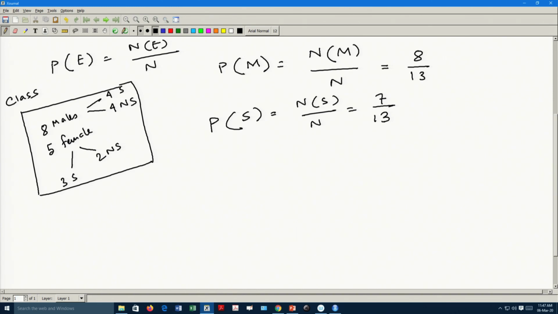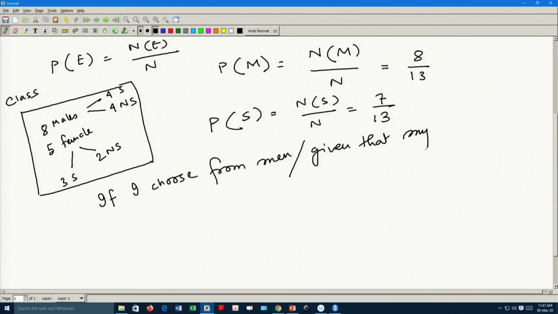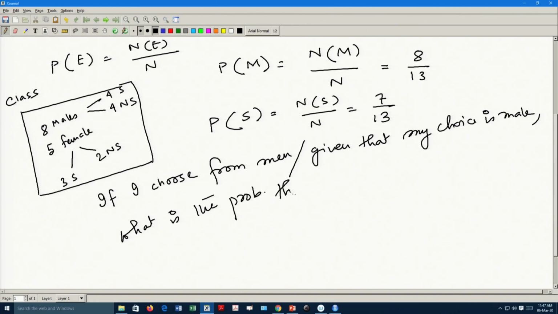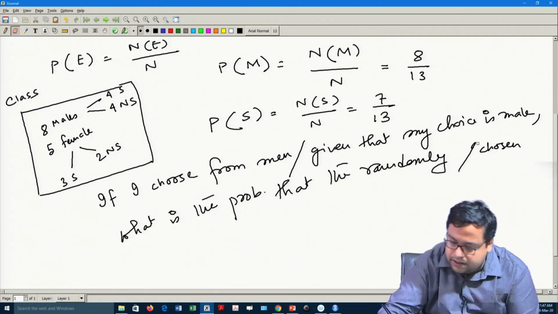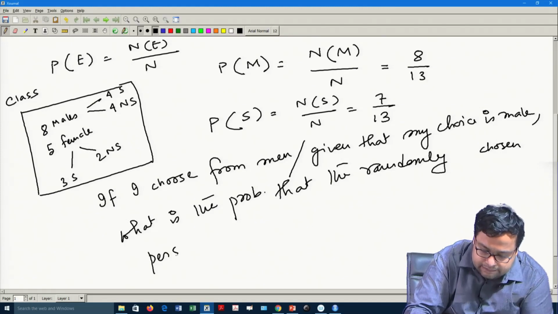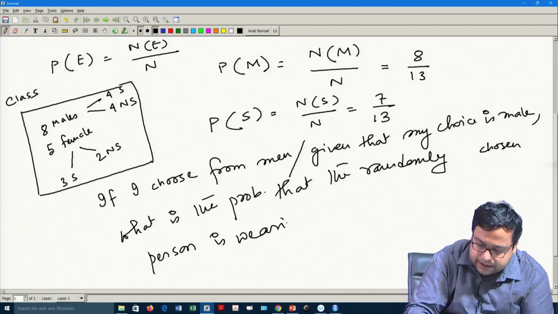Now, listen to this question carefully. Given that my choice is from male, what is the probability that the randomly chosen person is wearing a spectacle?